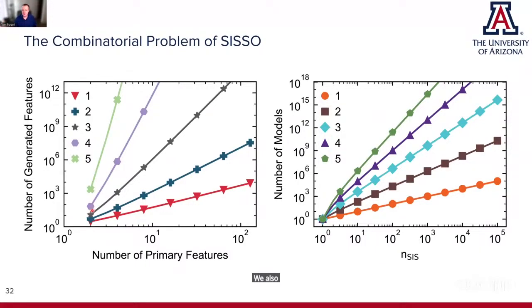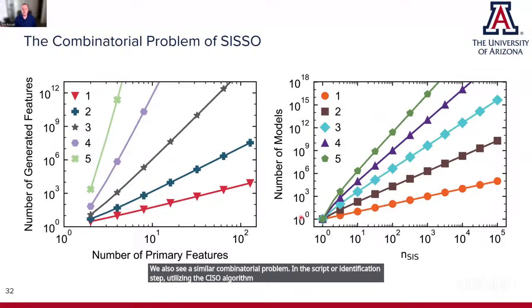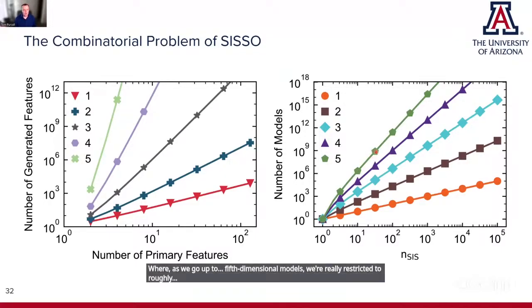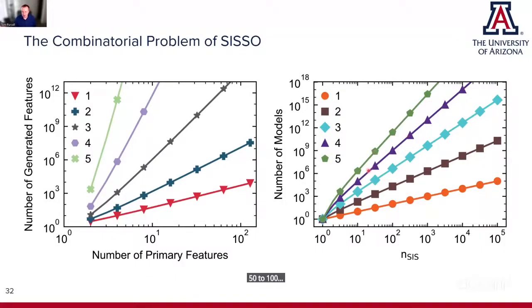We also see a similar combinatorial problem in the descriptor identification step utilizing the SISSO algorithm, related to the L0 regularized regression, where as we go up to fifth dimensional models, we're really restricted to roughly 50 to 100 as our NSIS select size, because otherwise the number of models that we would need to test becomes too great.